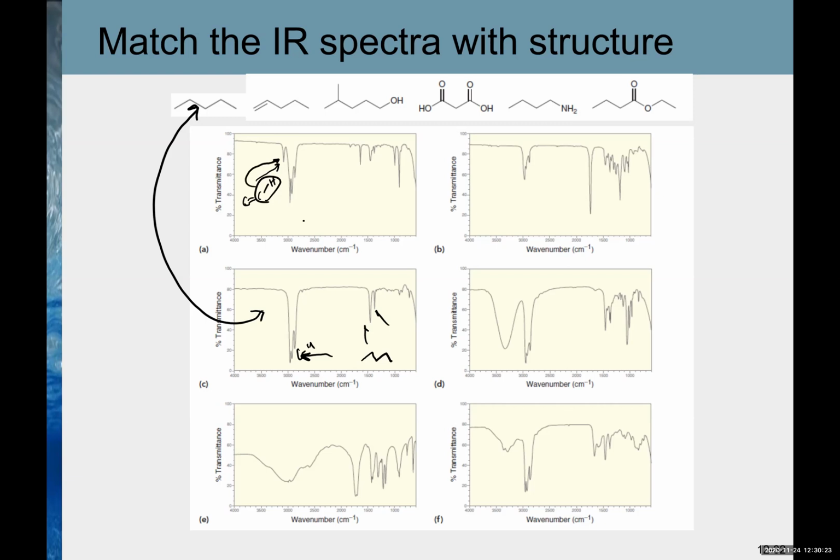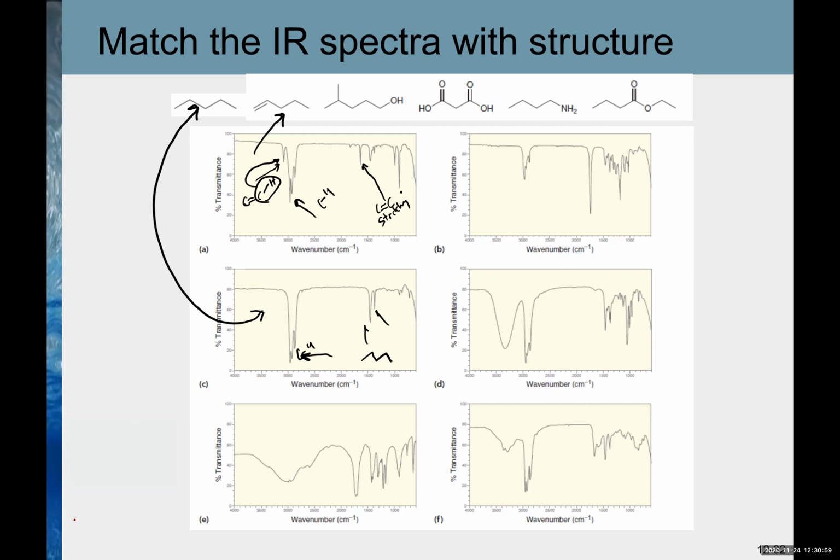So that's unique for alkenes. Do we see any C double bond C stretching? At around 1600, yeah. And all these are CH stretching. So this is alkene. Okay, 2 done. 4 more to go.